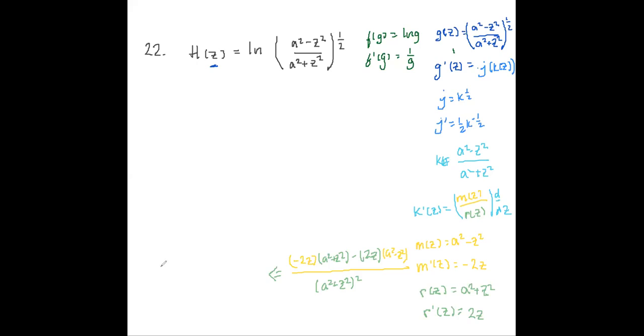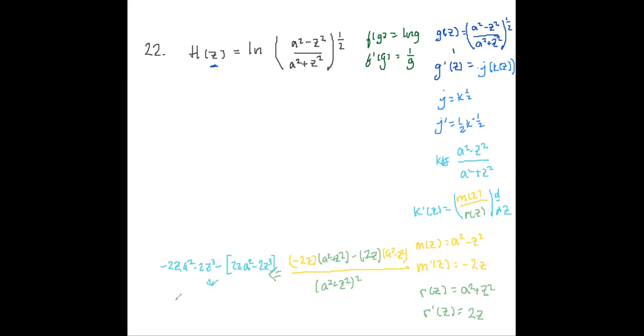So this is going to be minus 2z a squared minus 2z cubed minus, I'm going to put this as a quantity, 2z a squared minus 2z cubed.